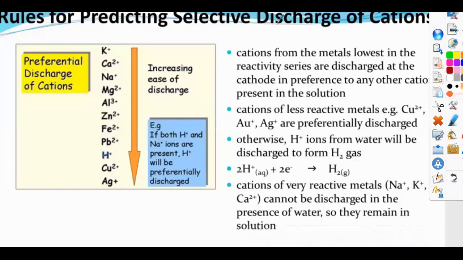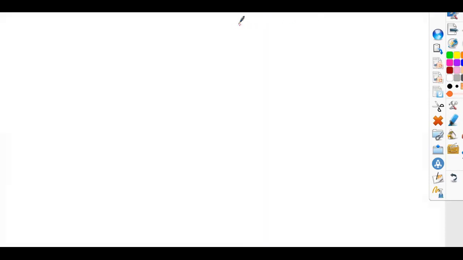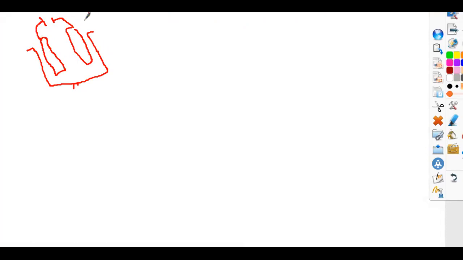Let's continue talking about the types of electrolytic cells. In the previous lesson, on the structure of the electrolytic cells, we studied that the structure consists of two main parts, the anode and the cathode, two electrodes, supplied by a power source, which is a battery. The negative pole of the battery is connected to the cathode, and the positive pole is connected to the anode.